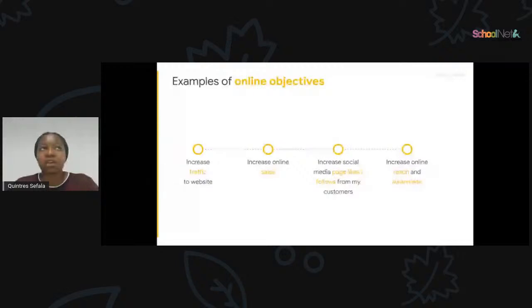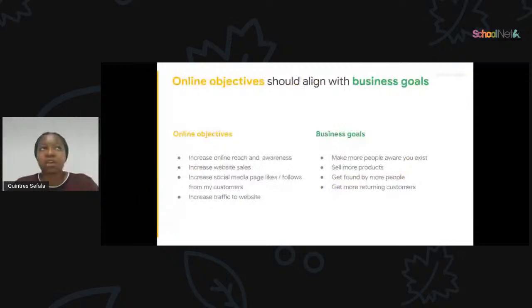So firstly, for example, if our business goal is to make people more aware that we exist, then we want to increase our online reach and awareness. That will be our objectives. And if we want to sell more products, then we want to be found by more people.